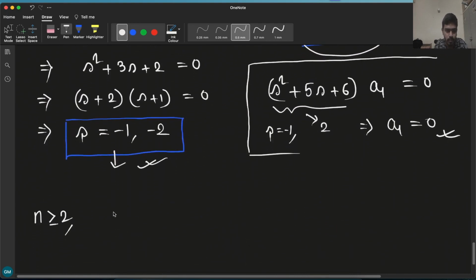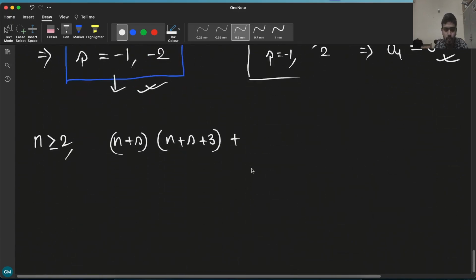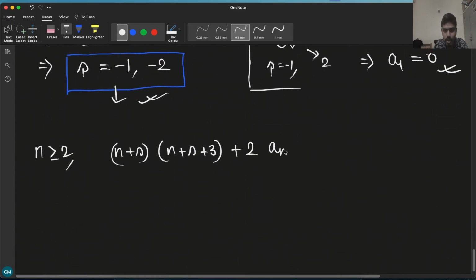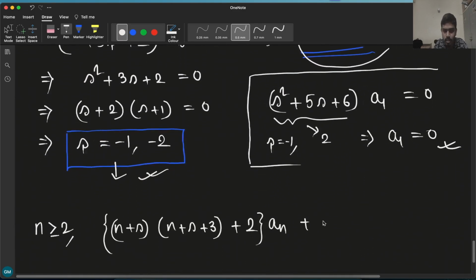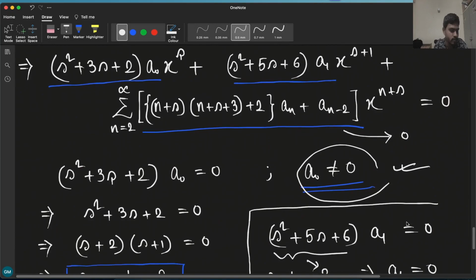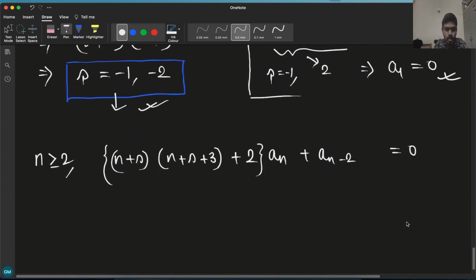So basically we have (n plus s) times (n plus s plus 3) plus 2, times a n, plus a n minus 2 equals 0. That's what we have, right?